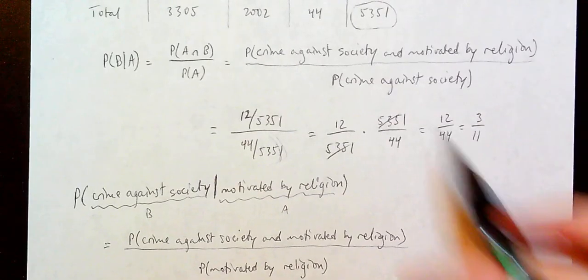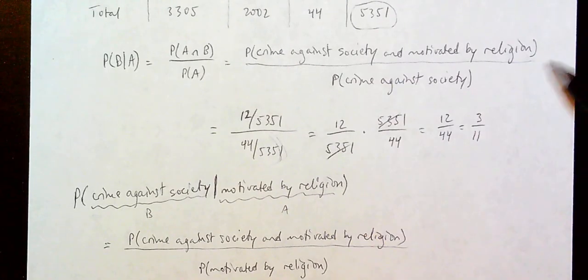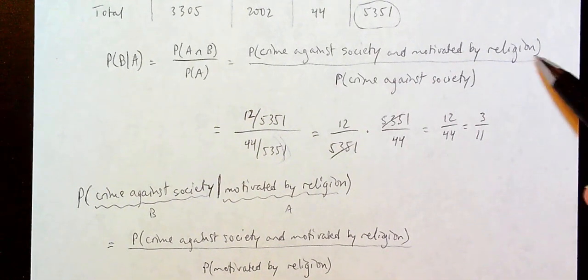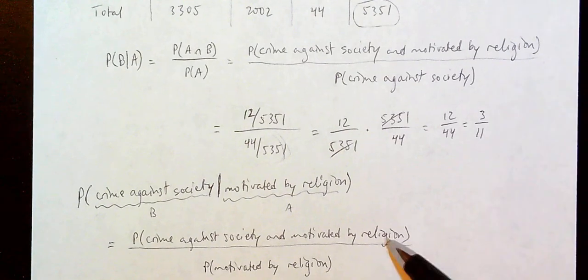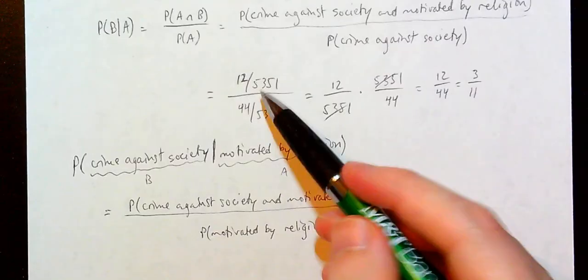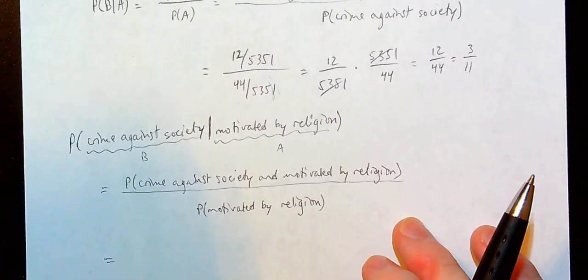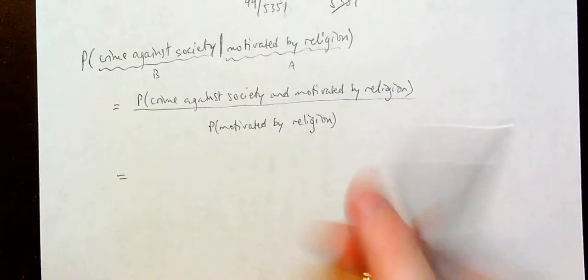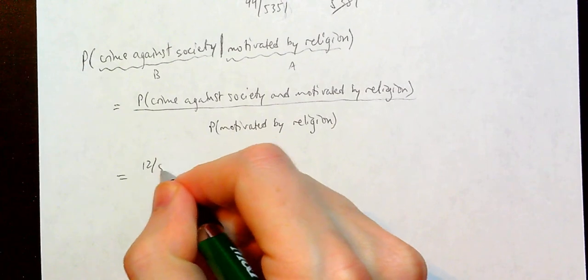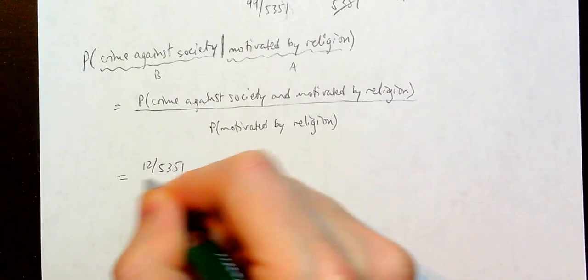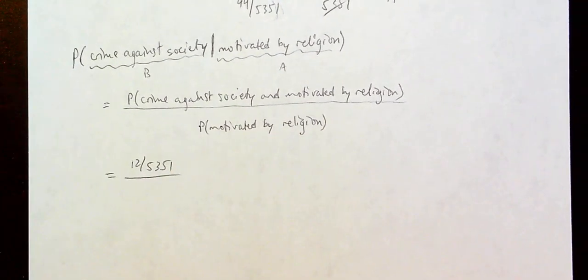Now, the tops of these things are the same. It's the probability that the crime was against society and motivated by religion. Same thing happening here. So we're going to have that same probability on the top. We are still going to have that 12 divided by 5,351. The question is, what is the bottom going to be now?